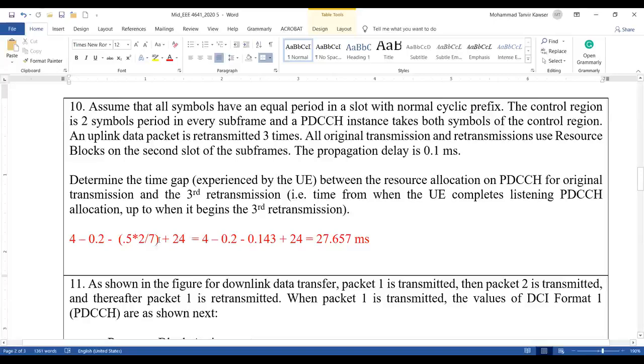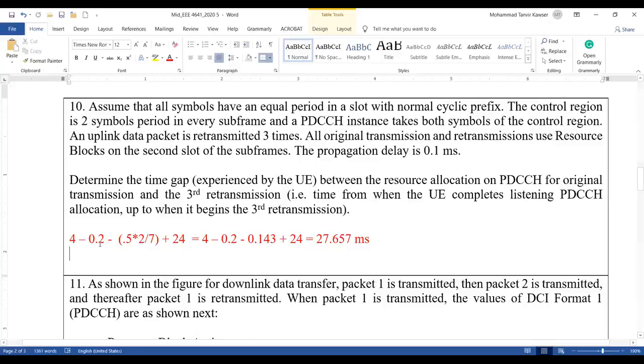Now, to find out when you begin your first retransmission, there are 4 subframes delay. We know that from the allocation in terms of numbering, you have 4 subframes delay with the beginning of original transmission. But you need to first subtract the length of the control region, and also the timing offset brings the two things closer.